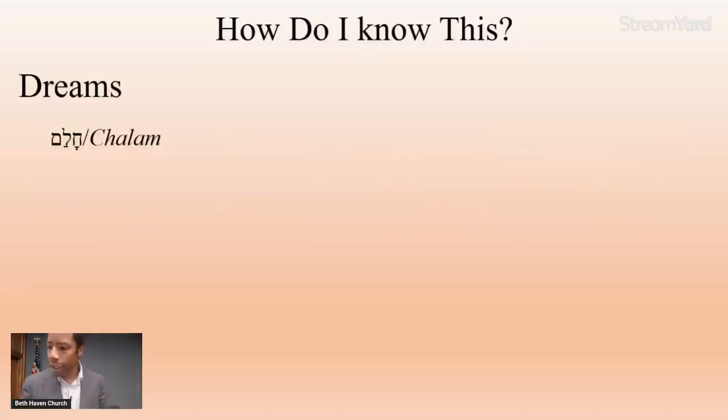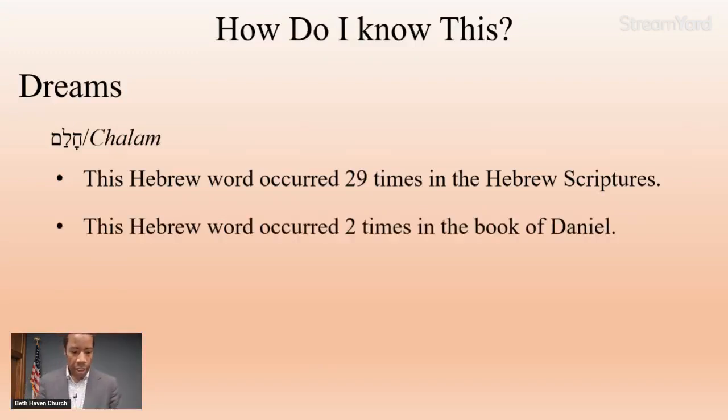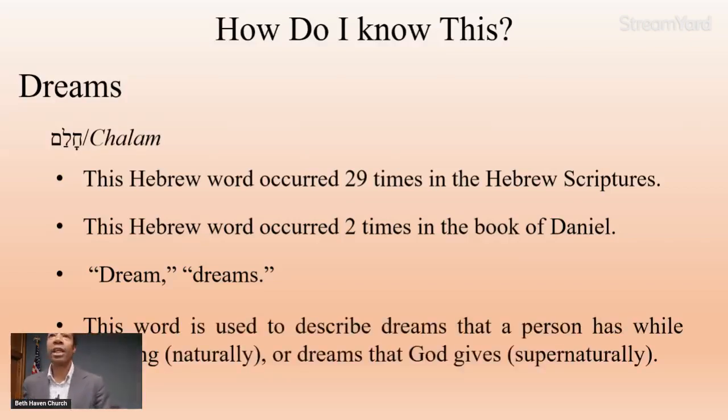The Hebrew word for dreams is the word chalam. 29 times it occurs in the Hebrew text, and twice it occurs in the book of Daniel. Chapter 1 is where its first occurrence is, and this time here. It is translated as dreams. Now, this word can mean a person having a dream just generally, okay?